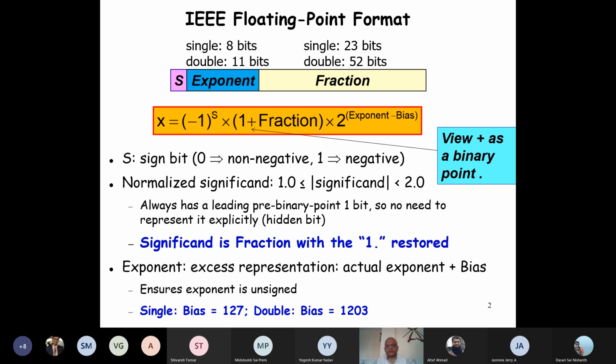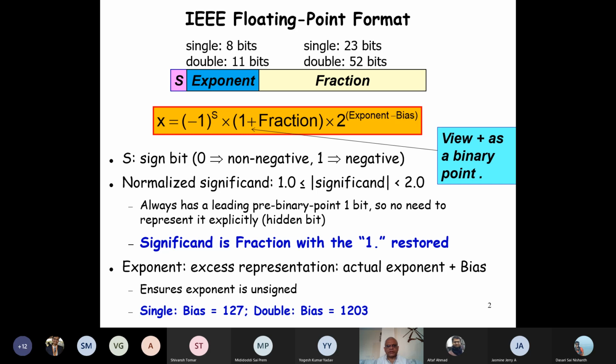We're just trying to understand the representation. There are two representations actually. One is single floating point format, the other is double format. The single format is 32 bits and the double format is 64 bits.